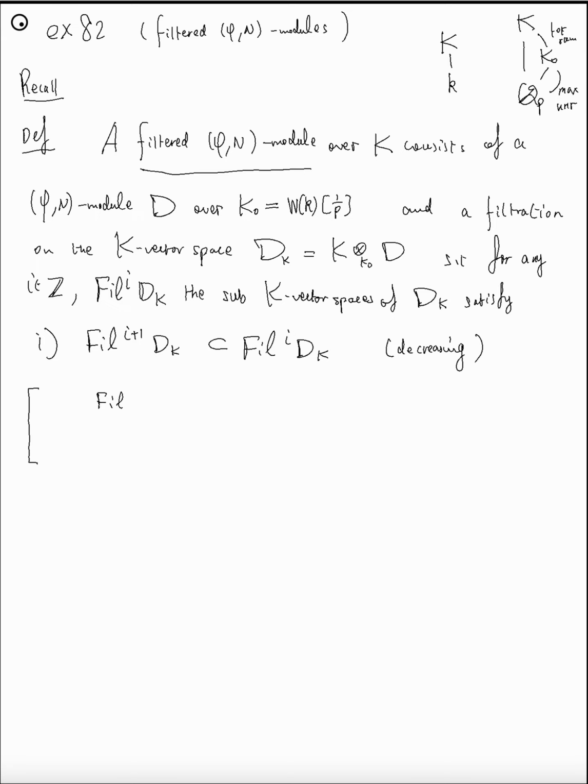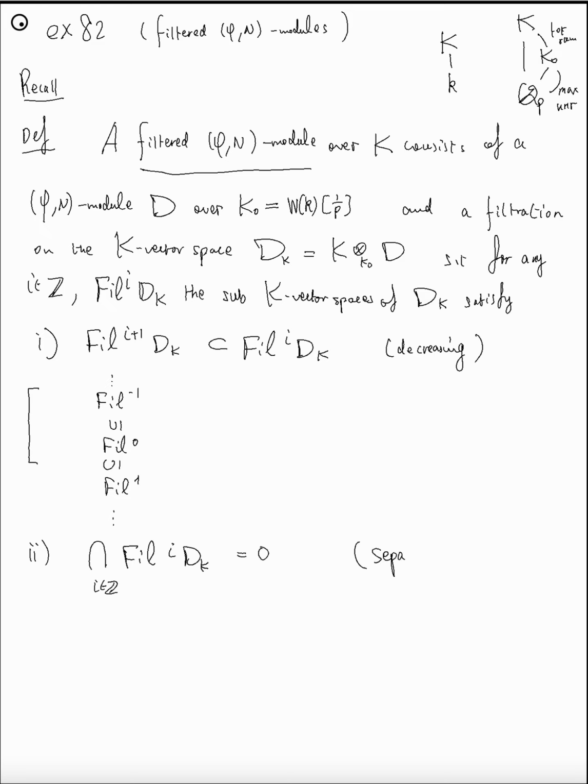So you have Fil 0, for example, so not necessarily starting from 0. I say Fil -1, and then Fil 0 is contained there. Then Fil 1, right, etc. Second condition, we require the intersection of all the filtration is 0.